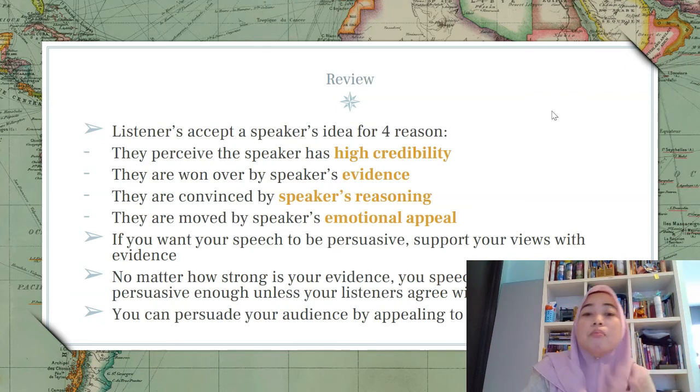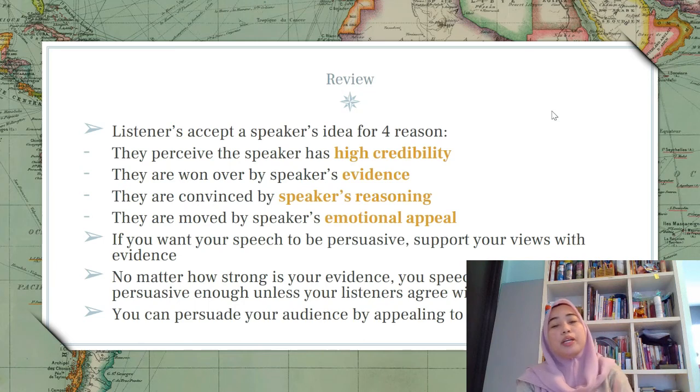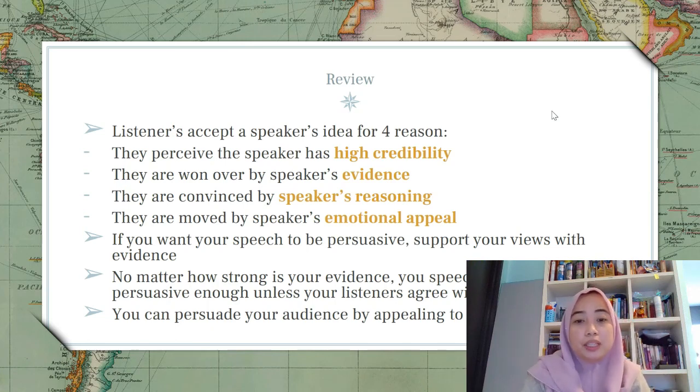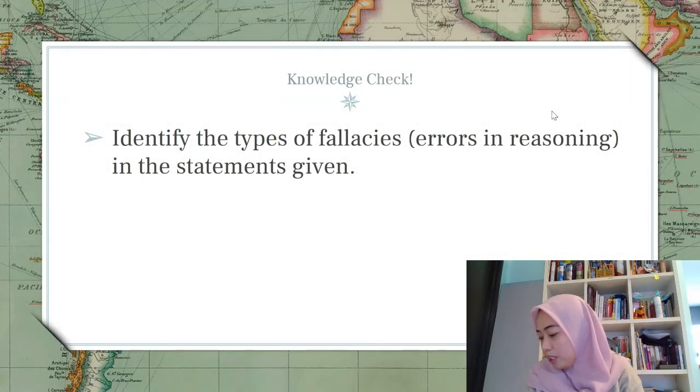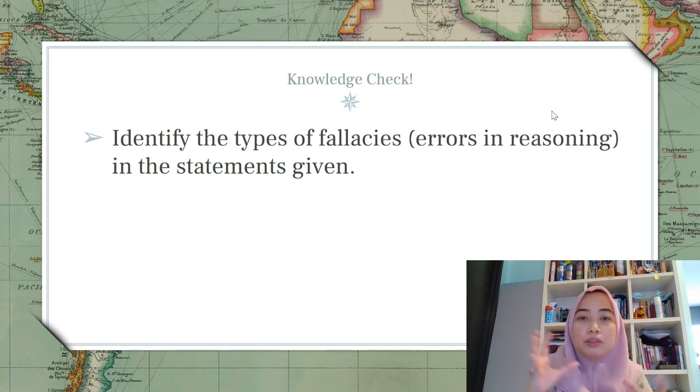And number four, they're moved when you are able to appeal to emotion itself. So remember, if you want to be a good public speaker, you have to remember these four things. If you want to give a persuasive speech, you must be able to support your views with evidence.